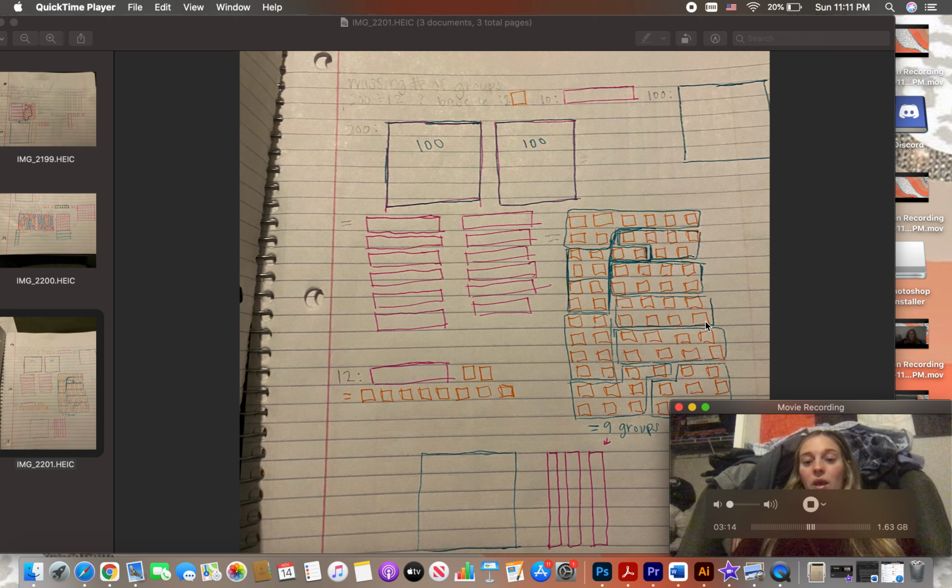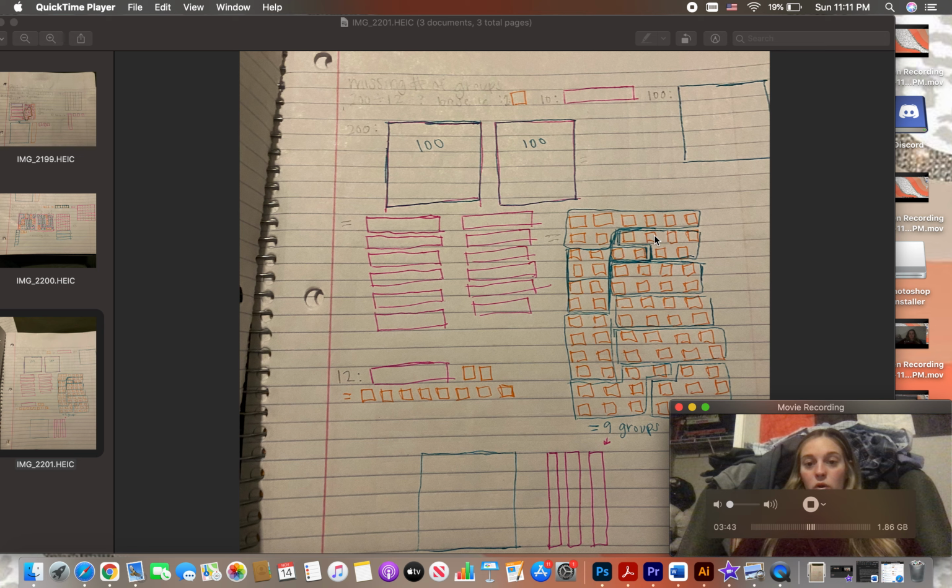So then now that we have the 200 base 6 in singles right here, and we know that 8 singles goes into 12 base 6, we are going to draw circles around those groups. So we're going to count out 8, and then we're going to circle those, and then we're going to count out 8, and we're going to circle those, 8, circle those, 8, circle those.